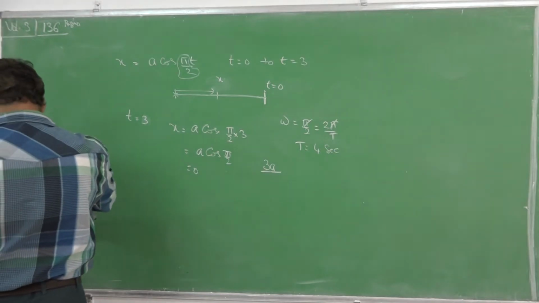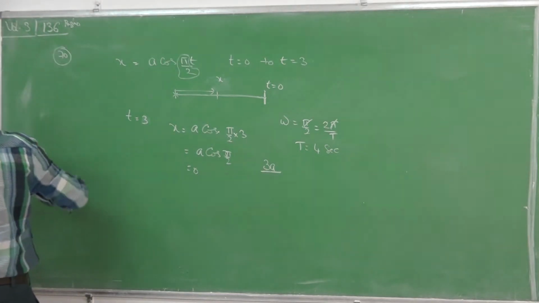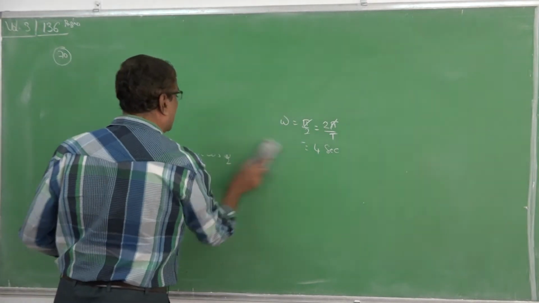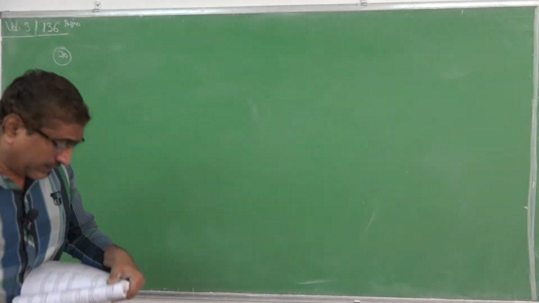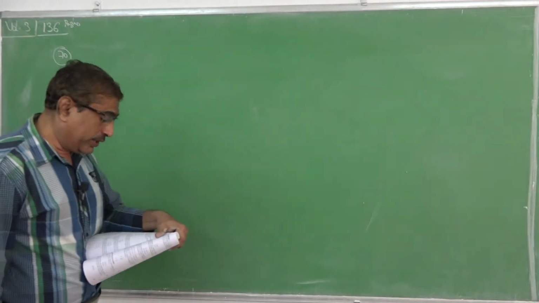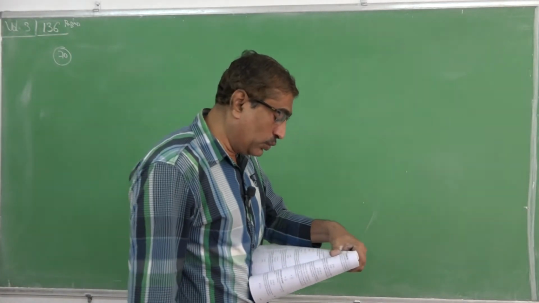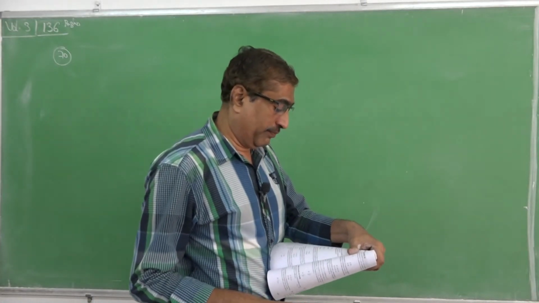Now the next one, 70. The frequency of a particle performing SHM is 12 Hz and its amplitude is 4 cm. Its initial displacement is 2 cm towards positive extreme position.